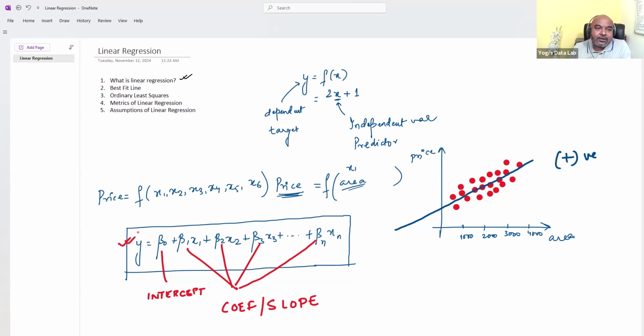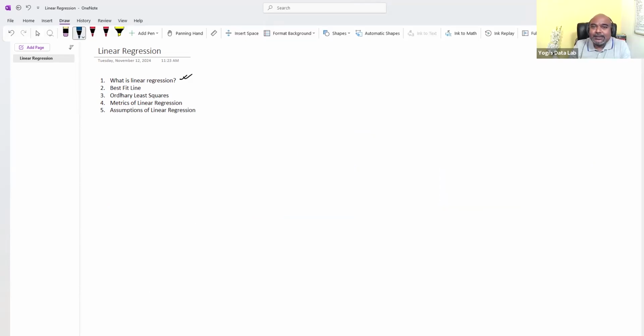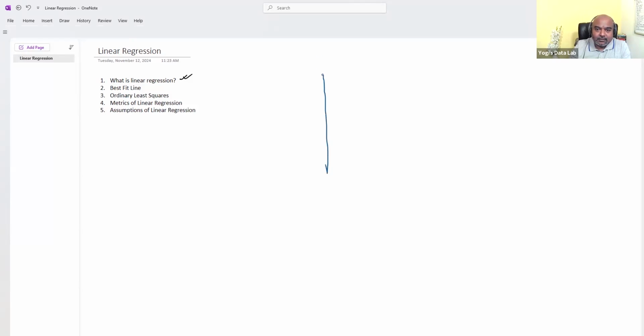Now, let's talk about the best fit line. Let us say that these are my data points. This is my X and this is my Y. And I have my points here. These are the points which have been given.